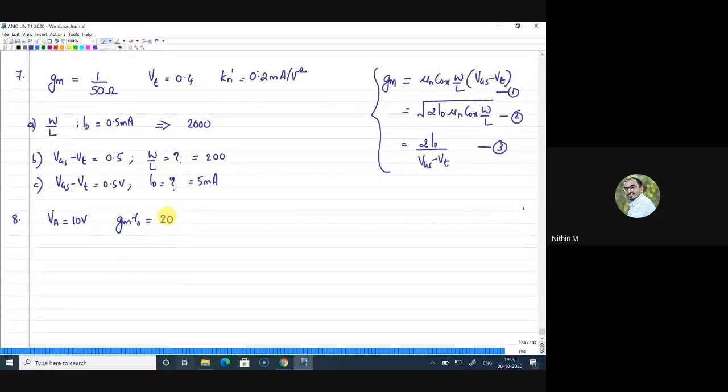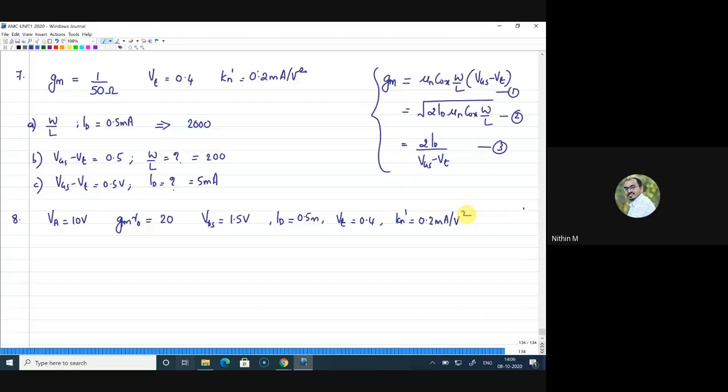This is the intrinsic gain, with VDS equals 1.5. The question is to determine the required value of W by L if ID is given as 0.5 milliamps, VT given as 0.4 volts, and Kn dash given as 0.2 milliamps per volt square.